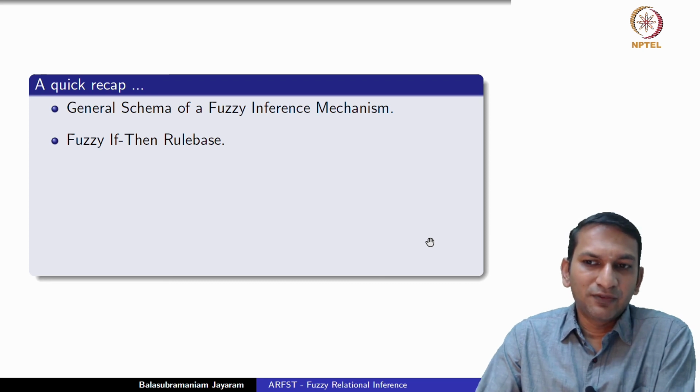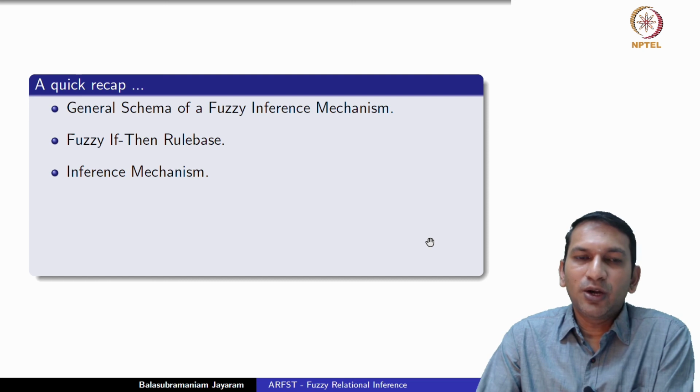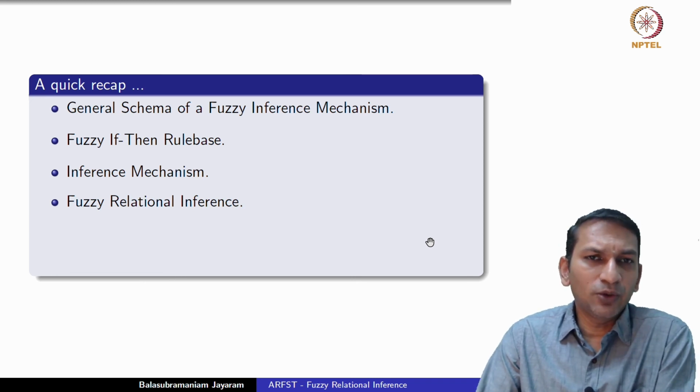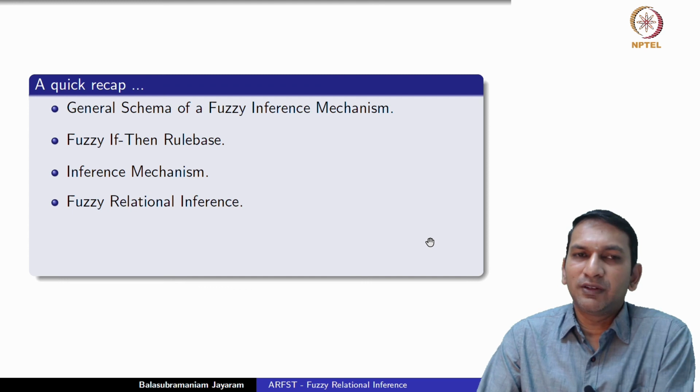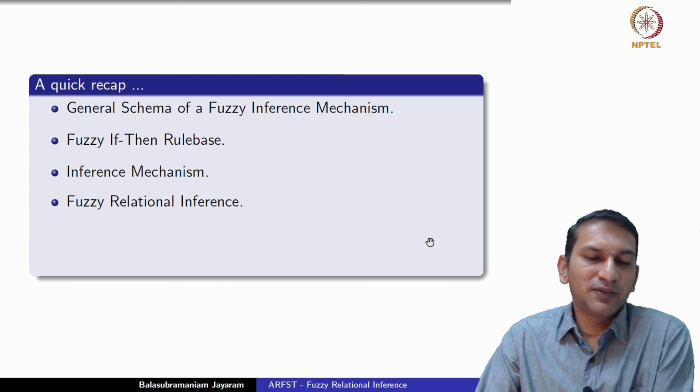We looked at the fuzzy if-then rule base itself, which becomes one of the two main components of a fuzzy inference system. Then we looked at the inference mechanism itself, not very deep. We looked at one particular inference mechanism, that of fuzzy relational inference. Of course, we gave an overall idea of how a fuzzy inference engine will look like.